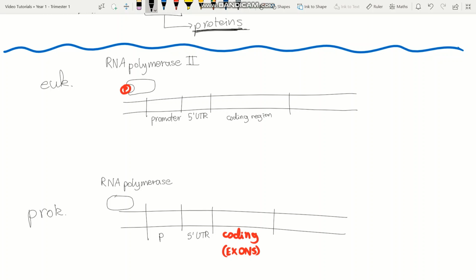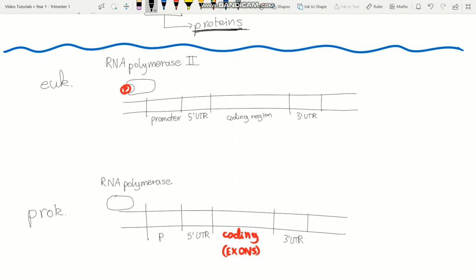Now, after this coding region, we have the 3' UTR region. And this has a similar role to the 5' UTR region and essentially allows for stability of this DNA chain and also allows for stability when the RNA chain is attaching to the ribosome in order to allow for the process of translation to occur.